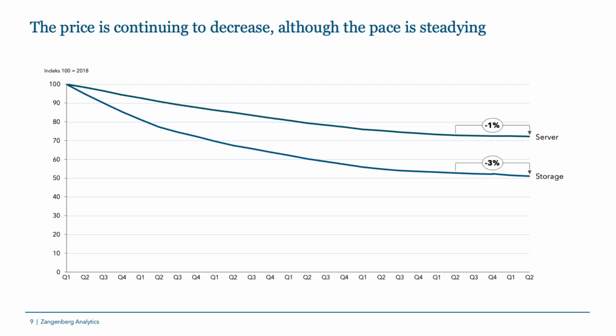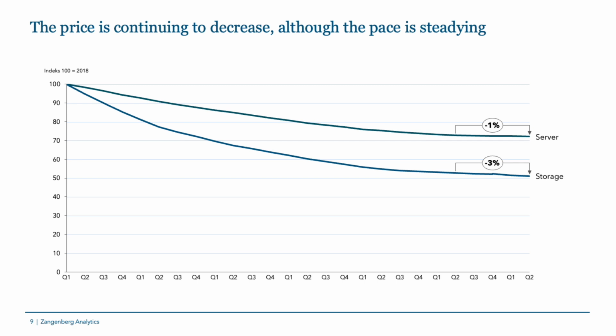Yeah. But it's worth mentioning that these are the unit prices for each of them. Of course, your cost within server and storage might be going the other way because you're consuming more and more compute capacity or storage capacity.